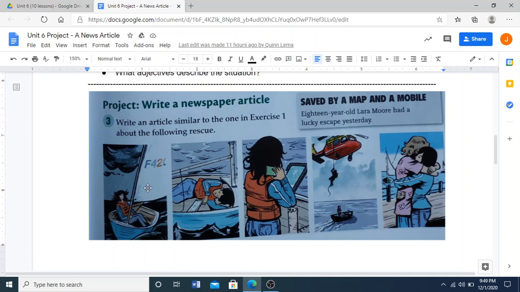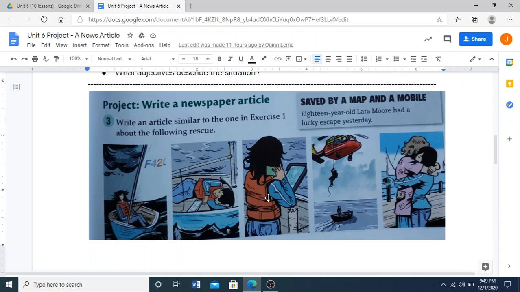Here you can see that she's in a little boat. I think there was a storm, and the boat had a problem.